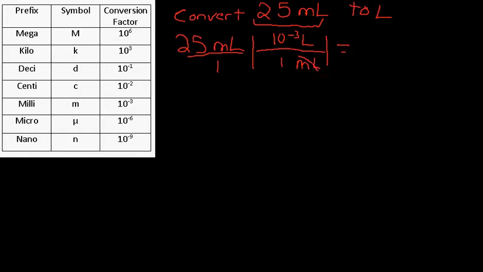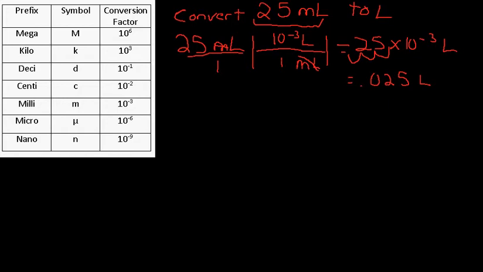We get, after milliliters cancel out, 25 times 10 to the negative third liters. What we know about exponents, raise to a negative exponent, move the decimal 1, 2, 3 places to the left. So our final answer is 0.025 liters. So 25 milliliters represents 0.025 liters.